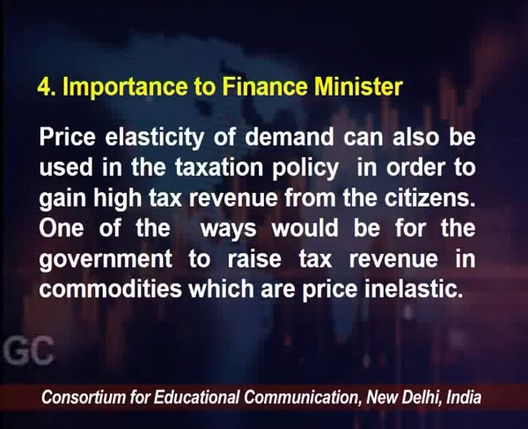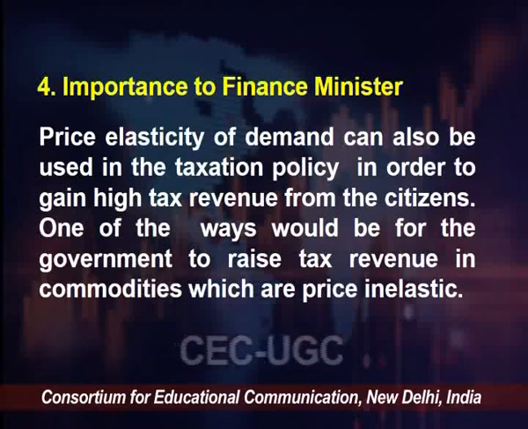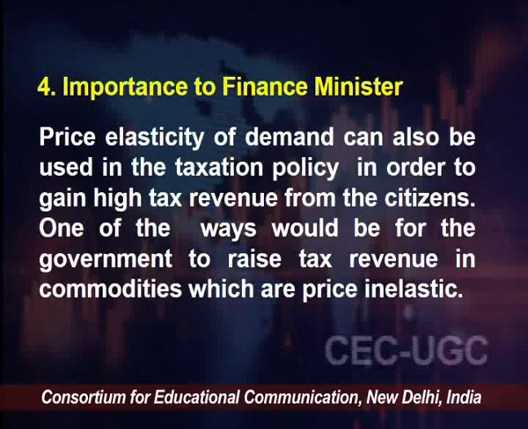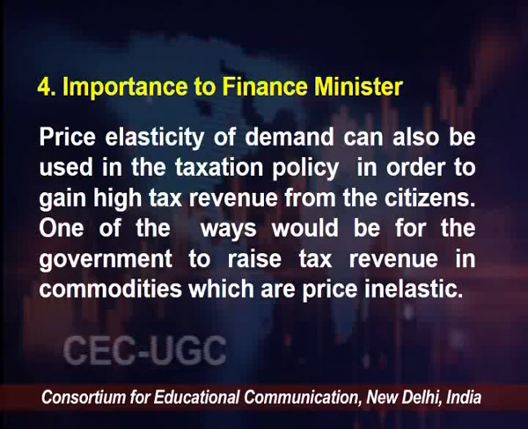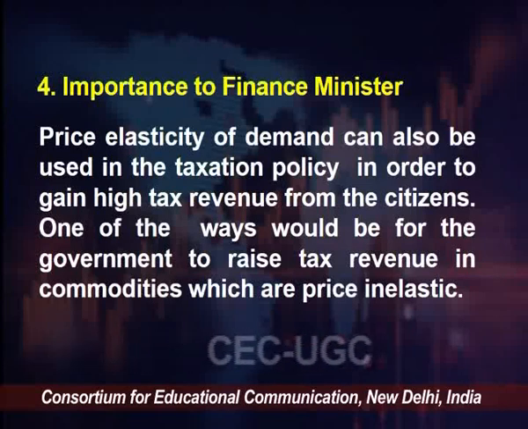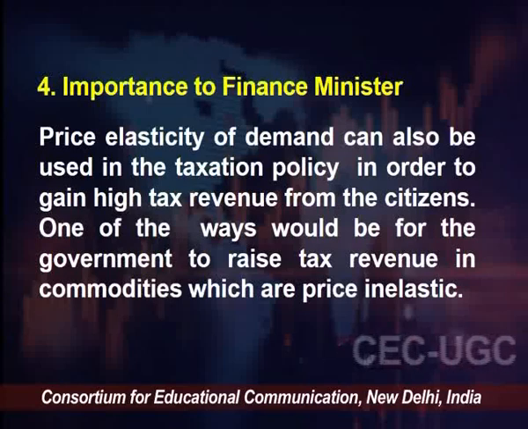So price elasticity of demand can also be used in the taxation policy in order to gain high tax revenue from the citizen. Now, one of the ways would be for government to raise tax revenue on commodities which are price inelastic.